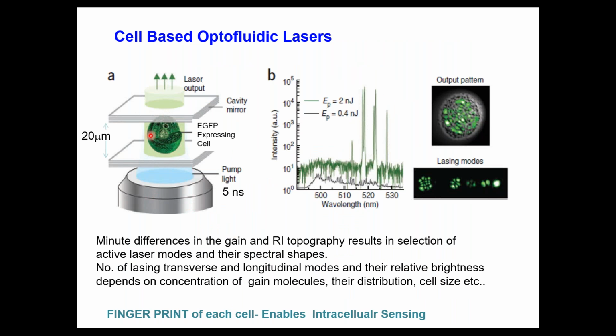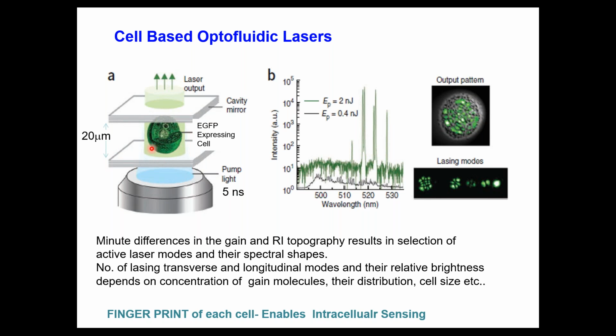So this is one experiment which makes use of a biological sample, like a green fluorescent protein expressing cell. It is kept between two mirrors, excited, and allowed to act as a laser. That means it acts as a microcavity and gives out its own laser radiation.